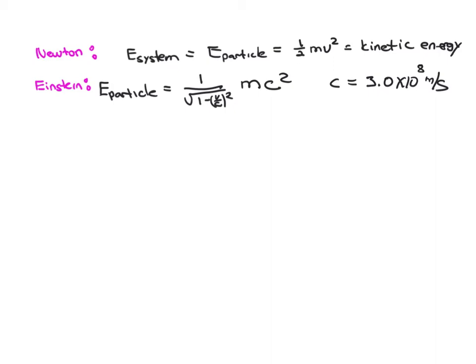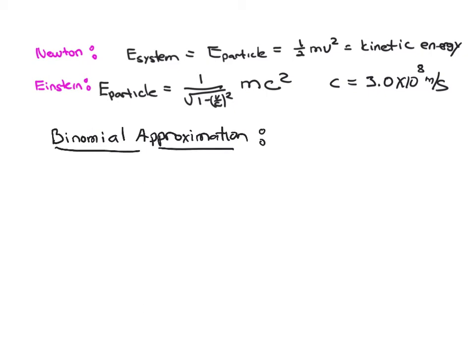And the way to see that is to take advantage of something known as the binomial approximation. So what is the binomial approximation? Well, the binomial approximation is a purely mathematical statement. There's no physics in this.